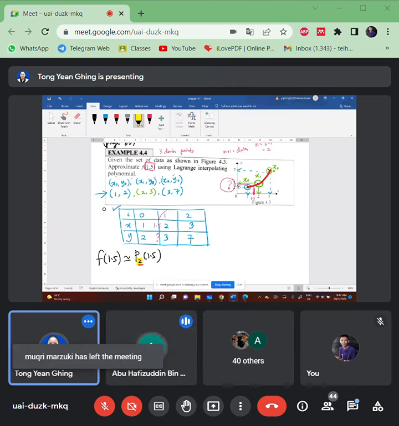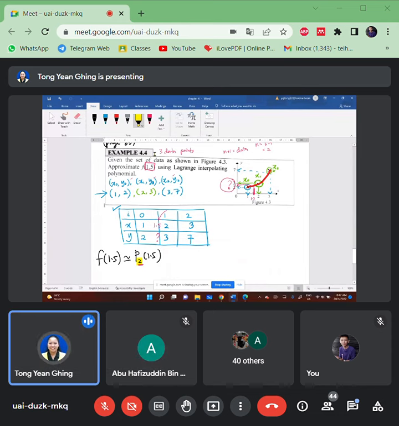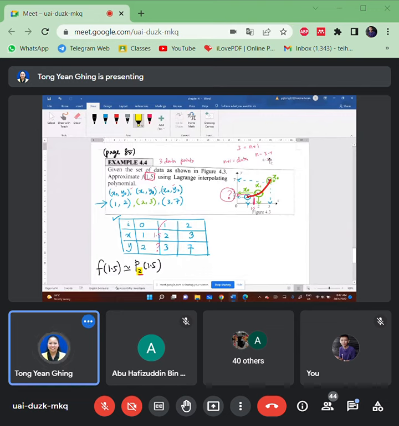Wait, I forgot. We have 3 data points. Because N is 2. Can you understand? Because earlier there were 3 data points. If N plus 1 is 3 data points, that means N is 2. So because N is 2, that's why I put 2 here.